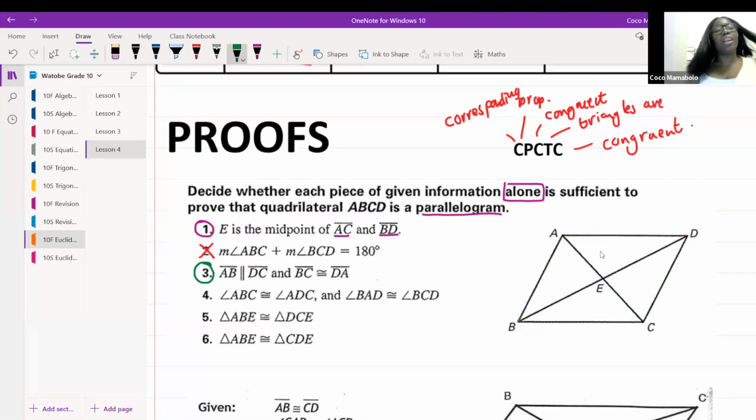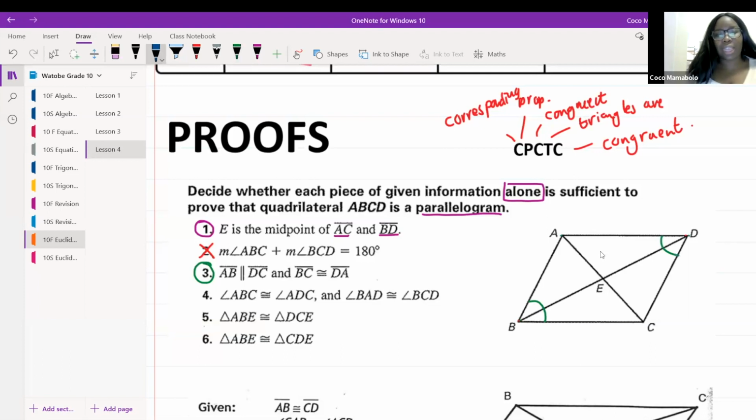All right, now let's look at the next one. It says the angle ABC, so we're looking at this angle over here, is congruent to the angle ADC. So those two angles are equal.